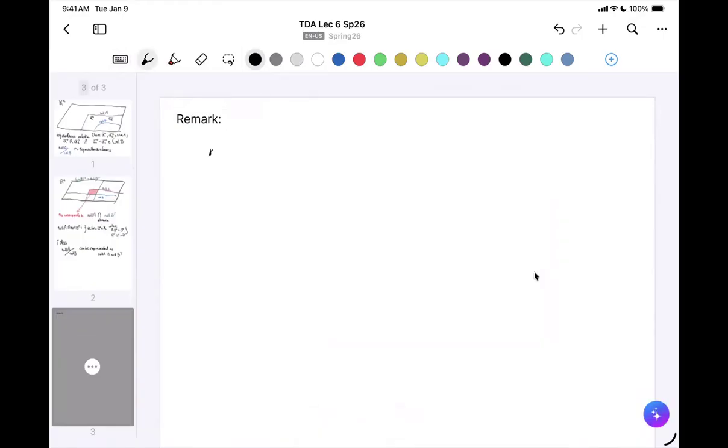If you have a function f of x, y, z, the Laplacian, written with this upside down triangle, is just the sum of the second order partial derivatives of the function.